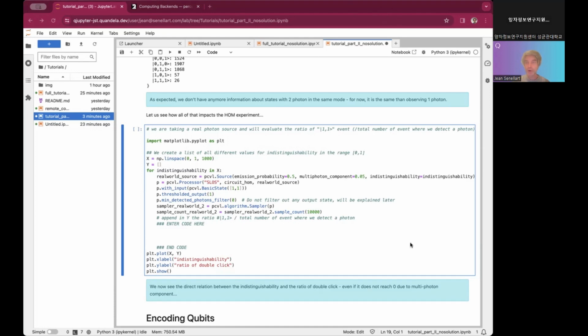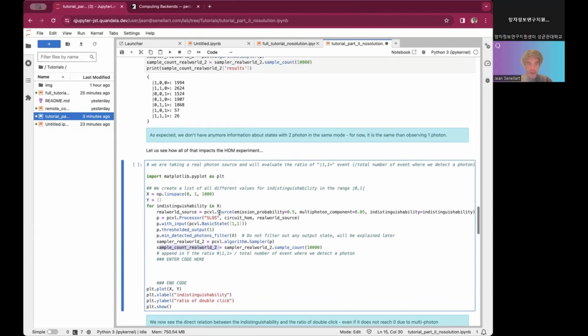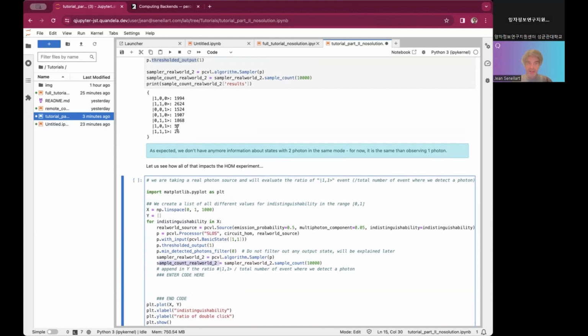Okay, so basically what we want to do, we have this sample count here, so we'll just iterate through the results here.